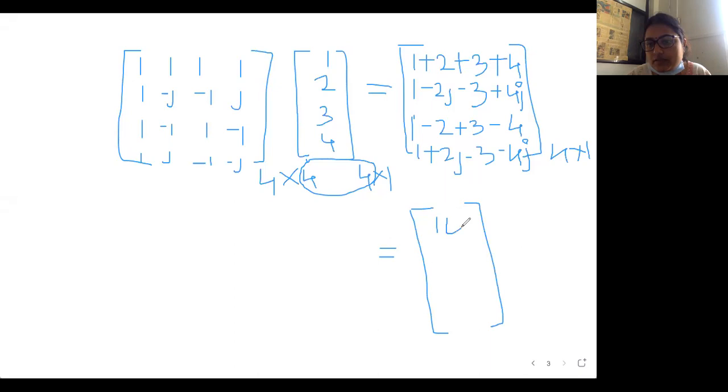First answer is 10. Next answer. Real part and imaginary part. So 1 minus 3, how much is it? Minus 2. Minus 2j plus 2j, right? Plus 2j.